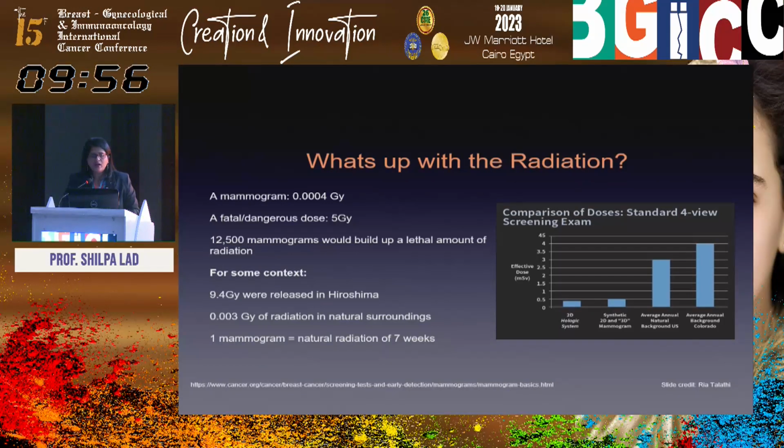An average mammogram has a radiation dose of 0.0004 gray. You know what is the fatal dose? Above 5 gray. To reach that fatal dose, a woman would need to have 12,500 mammograms in her life, which never happens. And for some context, in Hiroshima, the amount of radiation that was given was 9.4 gray.